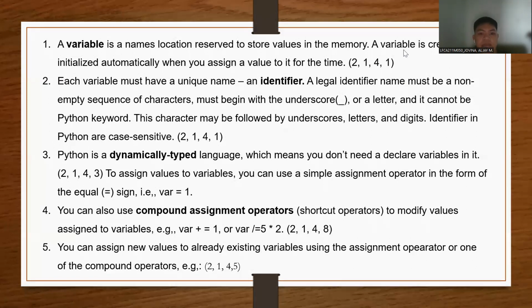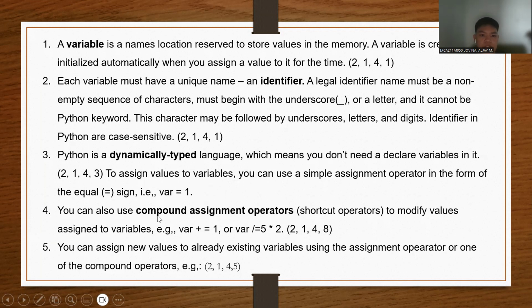Python is a dynamically typed language, which means you don't need to declare a variable in it. To assign values to variables, you can use a simple assignment operator in the form of the equal sign. So kung mag-a-assign ka ng variables, then kailangan mo mahanap yung values niya, you need to put equal sign lang para makakuha mo yung value na hinahanap mo.